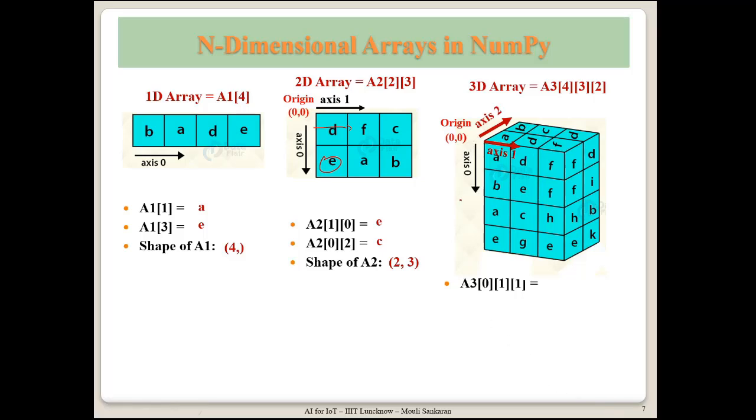Now what about this element 0 comma 0? Where is it? This x is 0 here, y is 1 here, and z is 1, that is here. So you are getting that value.